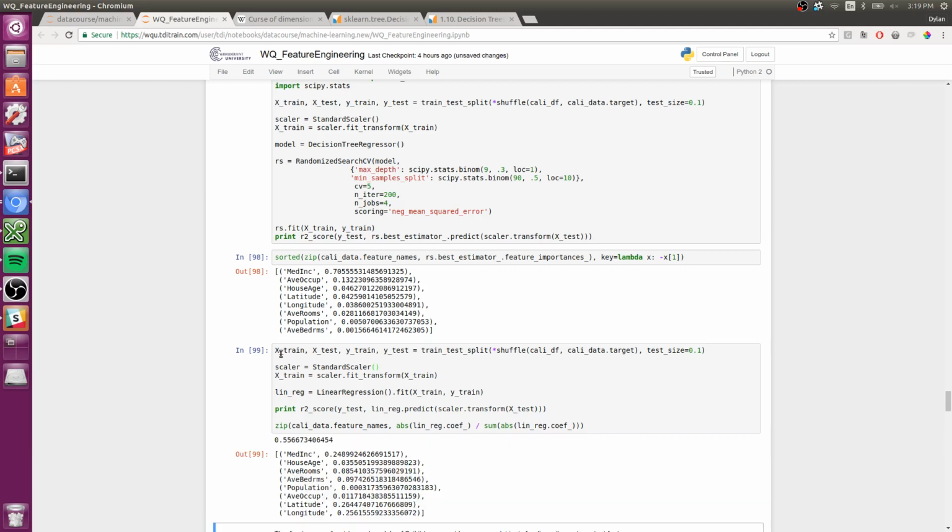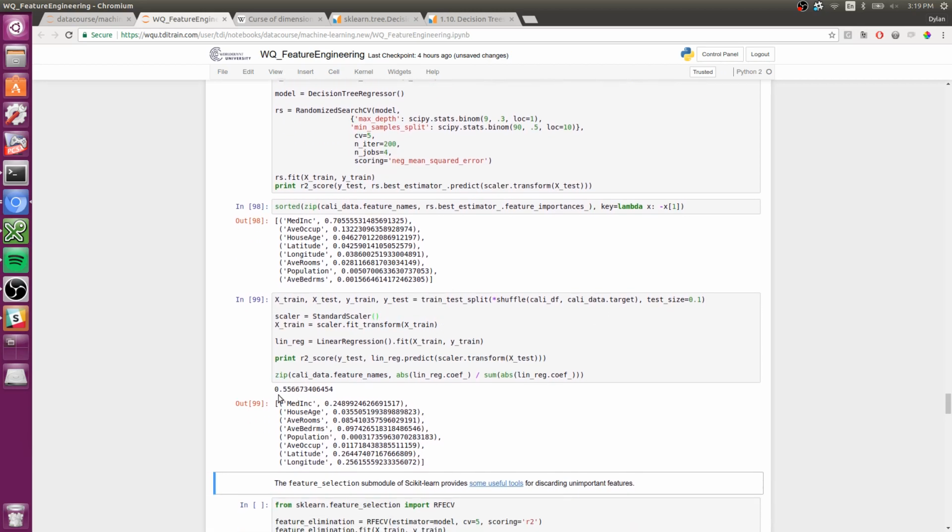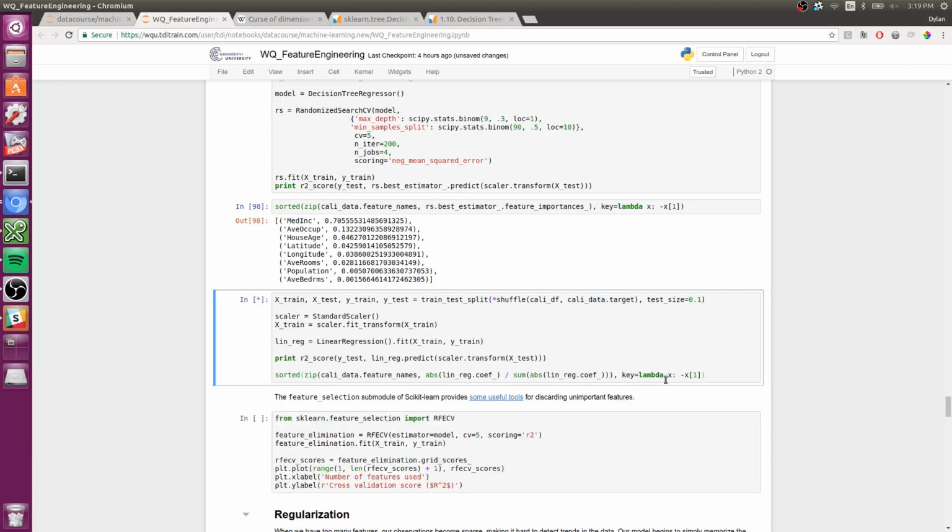So here we train a linear model to the same data. Much of our data is nonlinear, so the R squared is unsurprisingly a bit lower. But the story about feature importance is pretty similar.